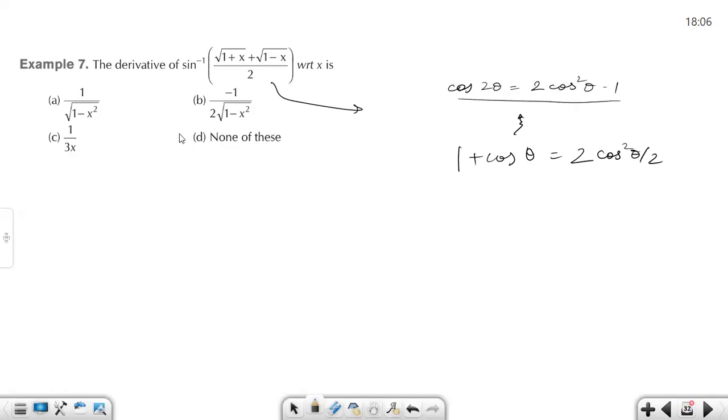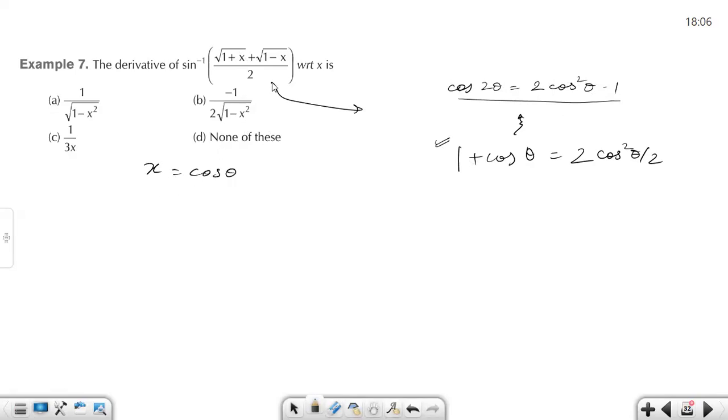If we modify this formula and replace 2 theta by theta and theta by 2, then we will get this form. So here we can substitute x equals cos theta.